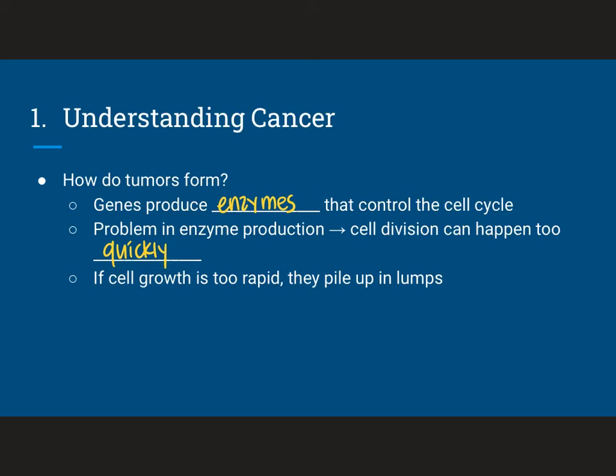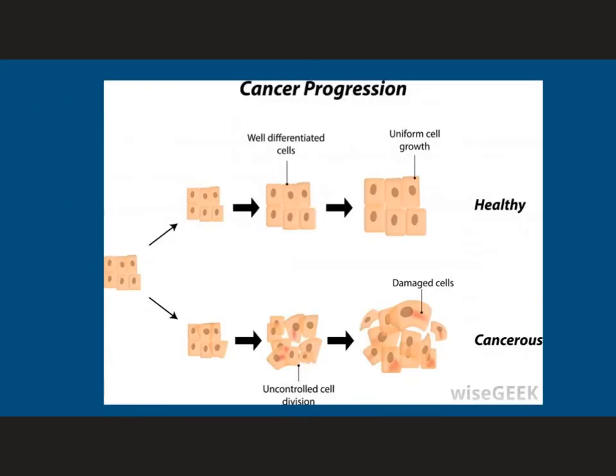And sometimes you may have typos, you may misspell some things, or someone's name, or maybe even the address. So in the same manner, if cell growth is too rapid, you're going to have cells that are faulty. They're not going to be wholesome, and they're going to start piling up in lumps. So this picture perfectly describes how the cancer cells are going to be.